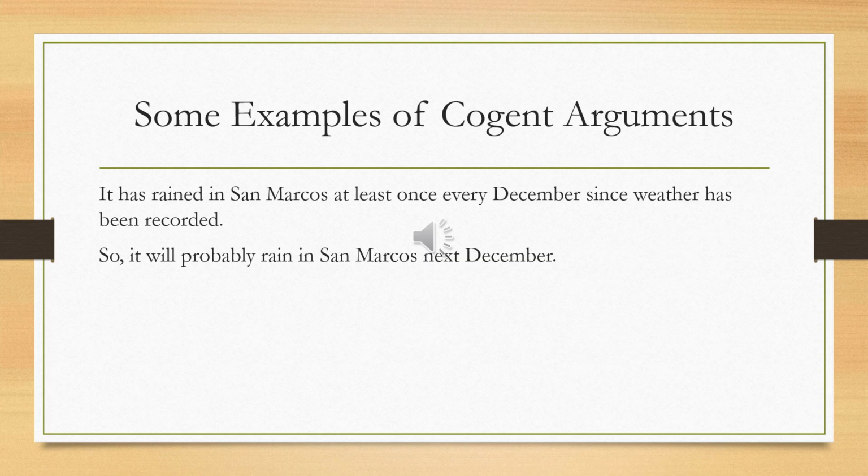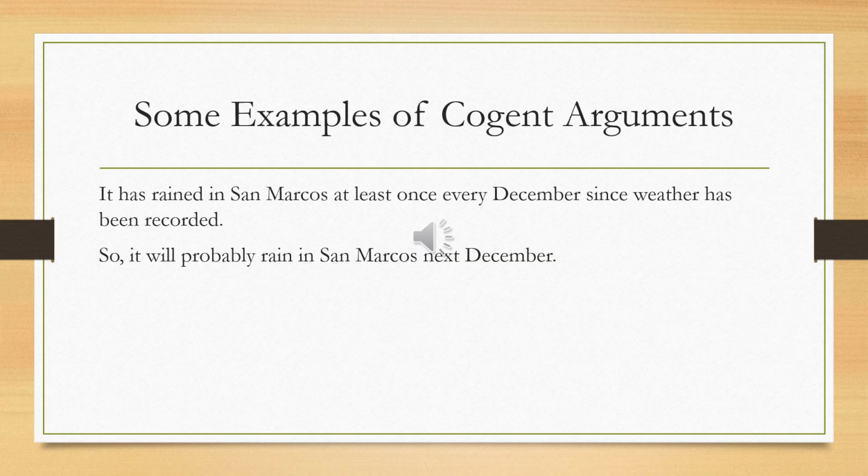I think a couple of examples might help to cement this point in our minds. Let's look at a couple of cogent or uncogent arguments. So here's an argument. It has rained in San Marcos at least once every December since weather has been recorded, so it will probably rain in San Marcos next December.